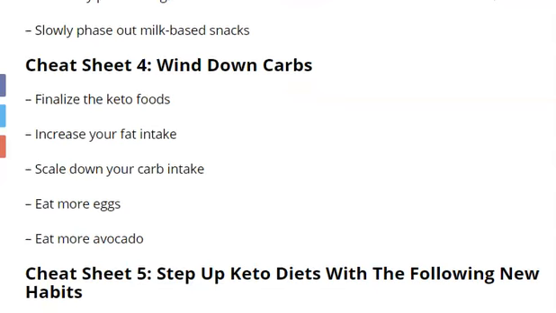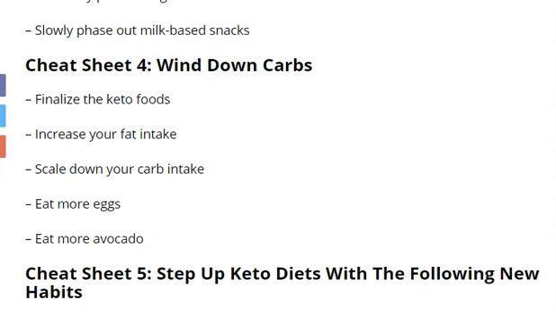In cheat sheet number 4, after you add fatty food into your menu, you start to gradually remove the carbs, because fatty food has enough energy and you're not going to feel hungry that often. Basically, you have already decided on your ketone diet and you increase fat intake, so you're not going to feel hungry.